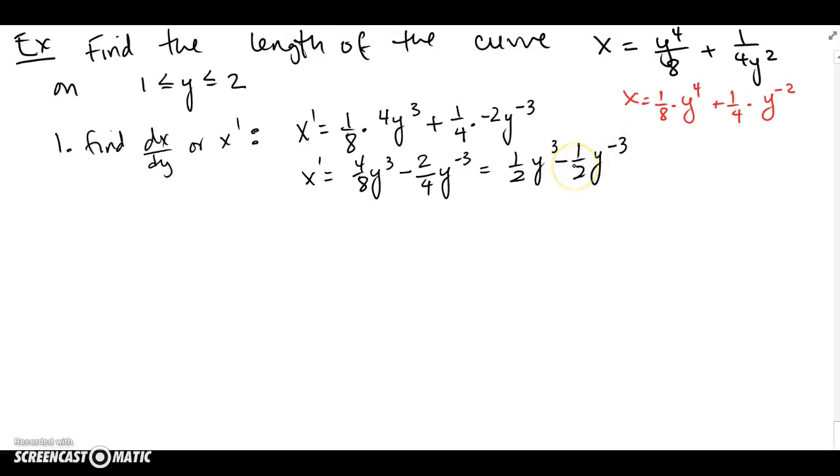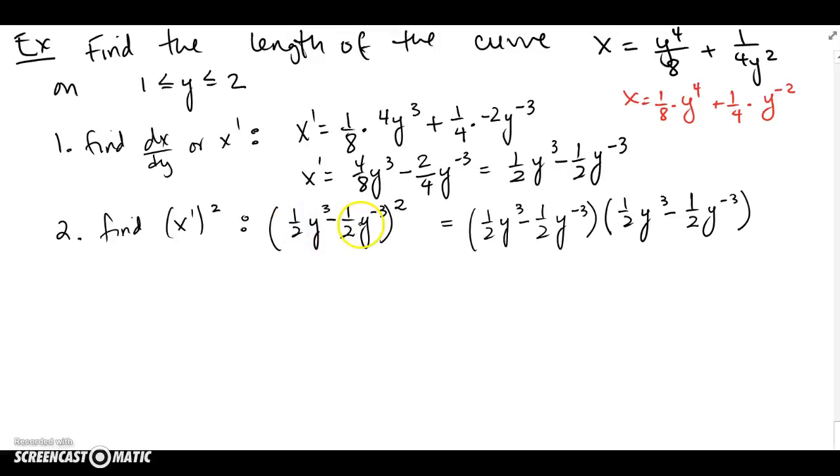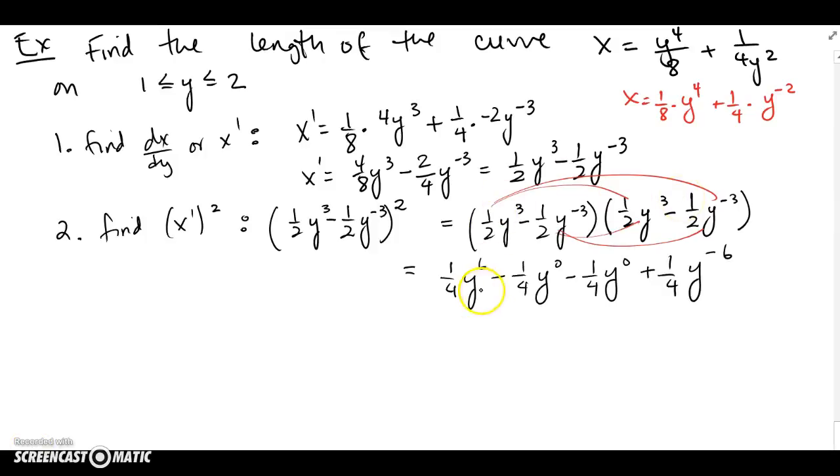Next, I got to go square that thing. So you can apply the formula for binomials squared, or you can write two of them and go multiply it out. Your choice. I'll show all the work and multiply it out. So I got a 4th y to the 6th, and I got a negative a 4th y cubed and y to the negative 3. Add the exponents, get a 0.